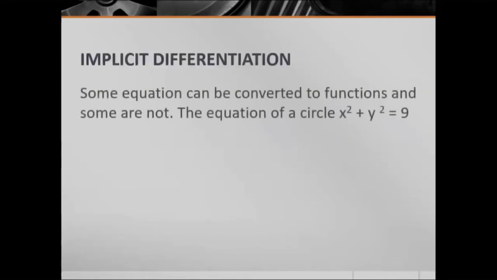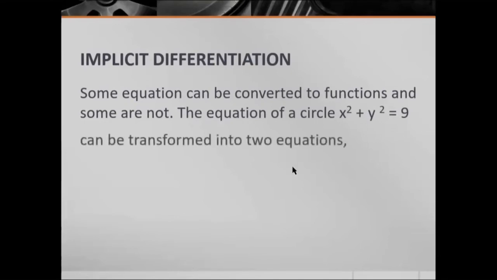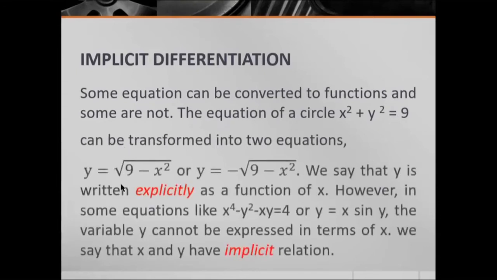Some equations can be converted to functions and some cannot. The equation of a circle, for example, x squared plus y squared equals 9, can be transformed into two equations: y equals square root of 9 minus x squared, or y equals negative square root of 9 minus x squared.